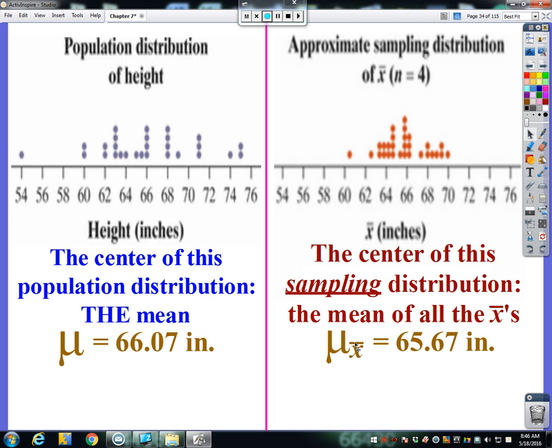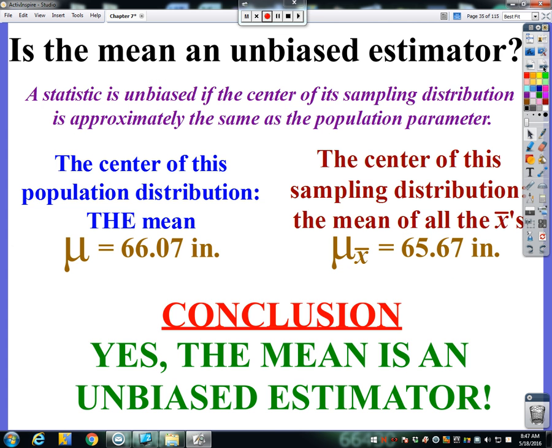The mean of all my sample means is 65.67. And what we notice is that 66.07 and 65.67 are kind of close to each other. They're not exactly the same, but they're relatively close. This could be used to estimate pretty closely what the population mean is.